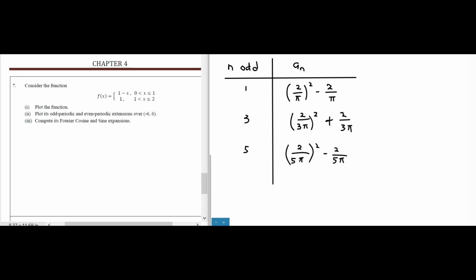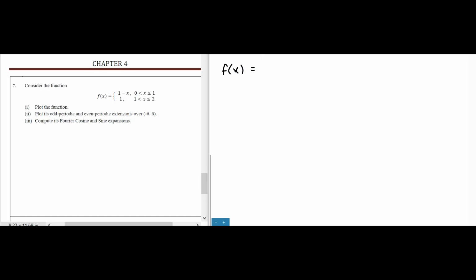Putting the possible values of n even and n odd into an and summarize them into the Fourier cosine series. The A0 we obtained before this was 3 over 2.